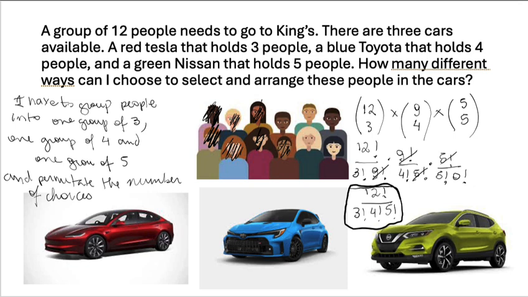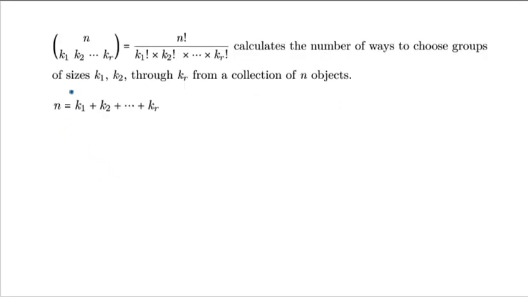And then we will state this new notation, right? This new notation is what we call the multinomial notation.